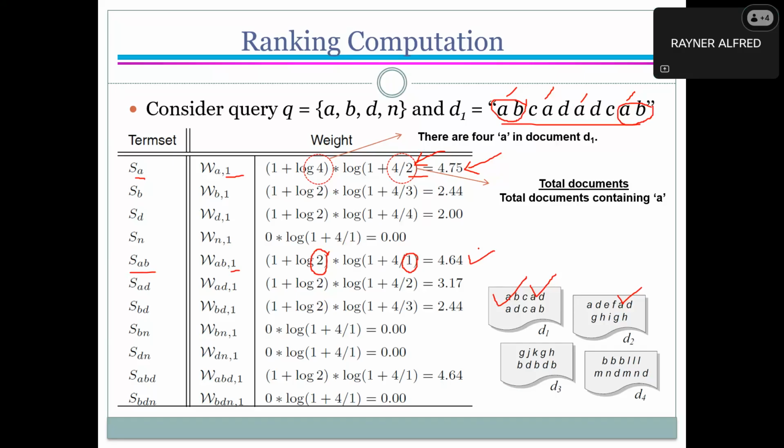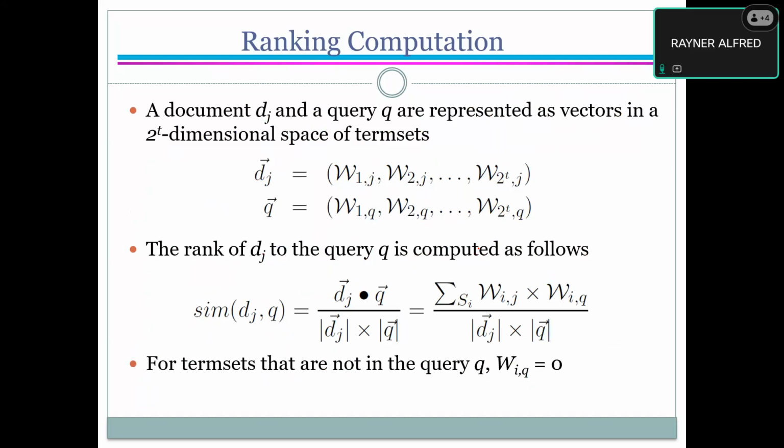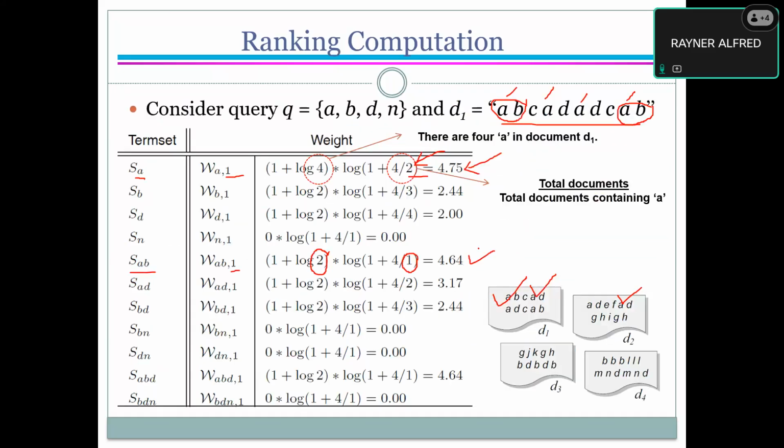Okay, if you look at the weightage of that term set in the query, basically if we try to find the weightage of A in the query, we apply the same formula here.